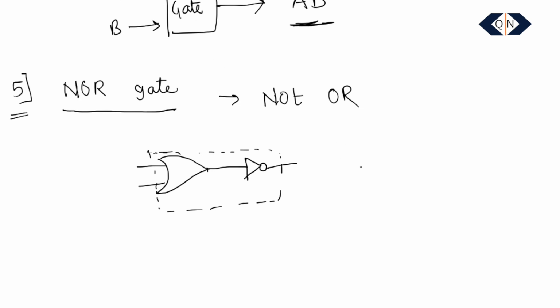So let's look at the truth table with A, B. Let's consider this output as C. This is A, this is B, this is the output. So A, B, C, and this is the output.